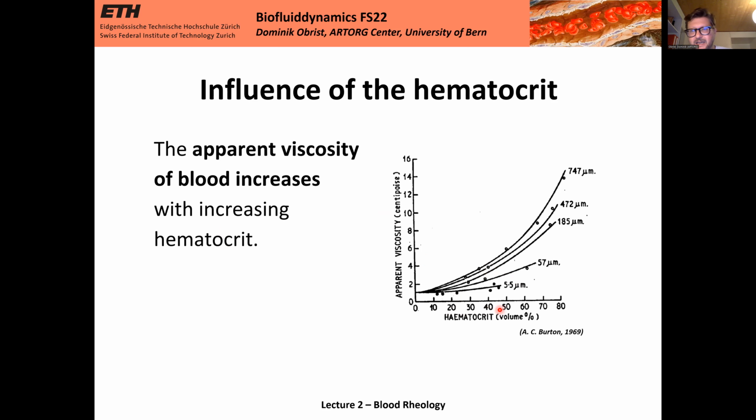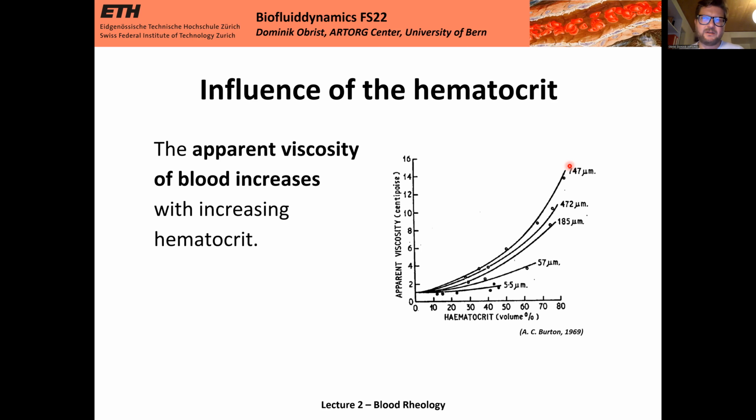As the hematocrit increases, of course, in a living human being it will never be 80%, but at least in a glass tube you can create that, the viscosity increases significantly.